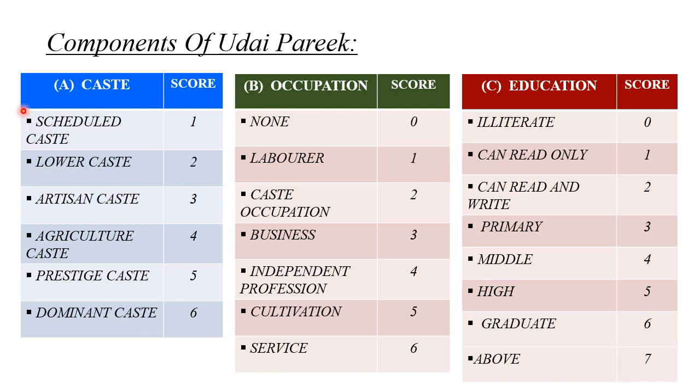The first component is the caste. Sometimes there is a confusion between prestige class and dominant class. Prestige class is that class which is considered to be a prestigious class, like Pandit or Brahmin. A prestigious class may not be a dominant caste in an area.